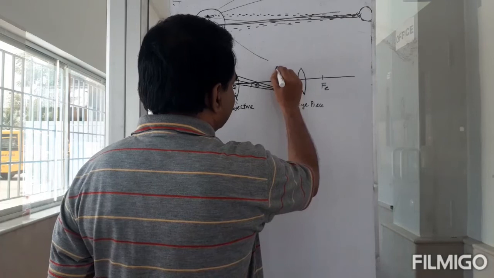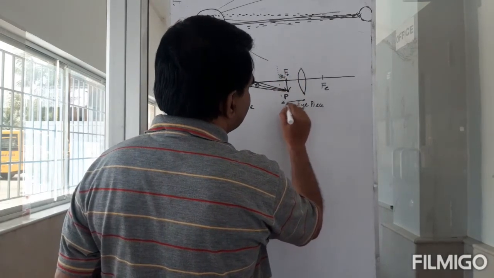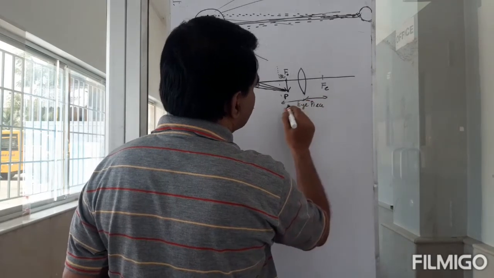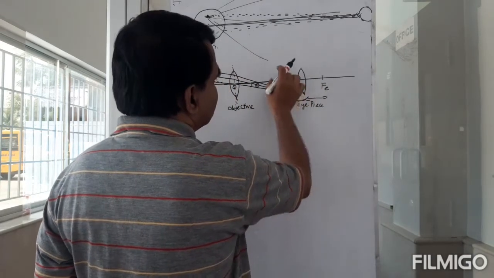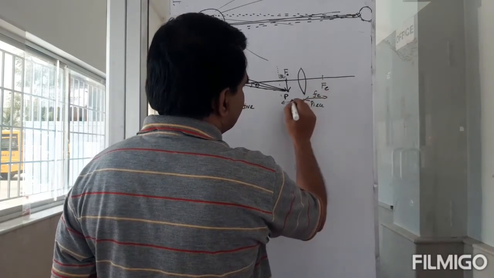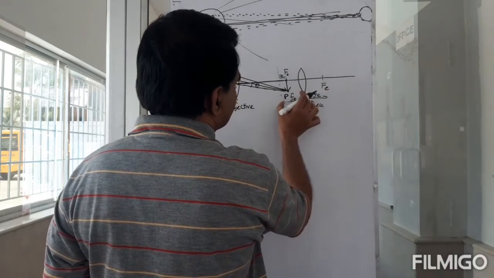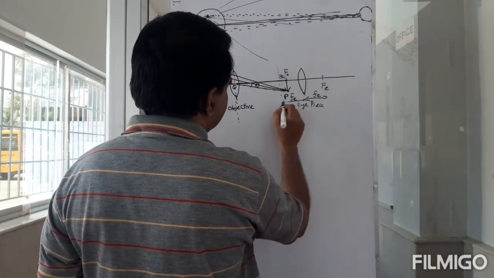Okay, let's say like that. Okay, so this is the same as this. Suppose that this distance is FE and this is FE, the focal length of the eyepiece. And what would this distance be?